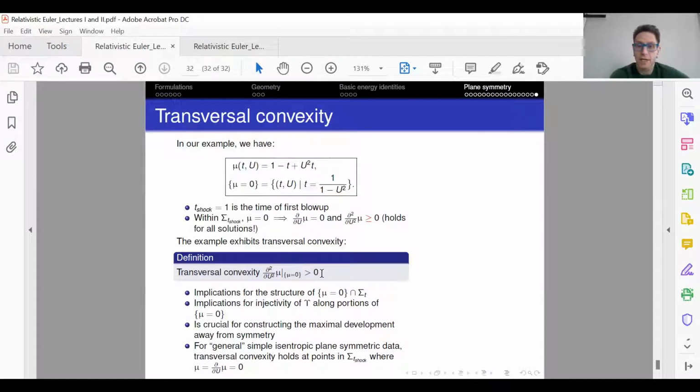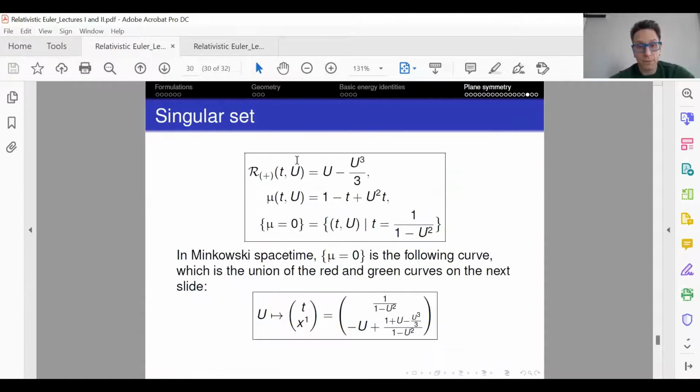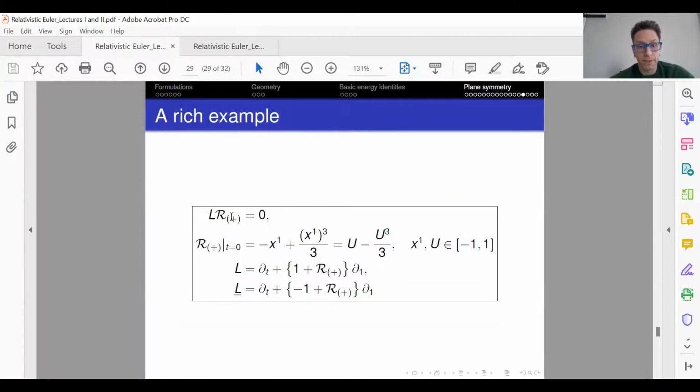That's not to say that it's not doable, but if this condition fails, if this were 0, if you were looking at non-generic solutions where this is 0, all sorts of crazy stuff can happen, and you can even see that in plane symmetry. So, for example, you can easily cook up initial data, even for this simple model problem, where L r plus equals 0 and L is explicitly given by dt, 1 plus r plus.